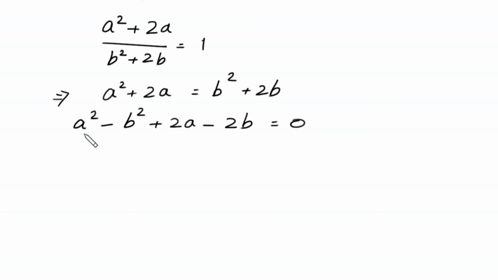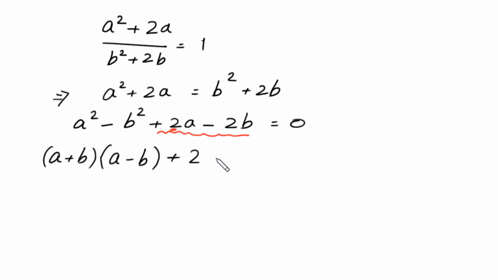Now according to the algebraic identity, a squared minus b squared is equal to (a plus b) times (a minus b), and from these two terms, plus 2a minus 2b, we can factor out plus 2 as a common factor, and in bracket left a minus b is equal to 0.